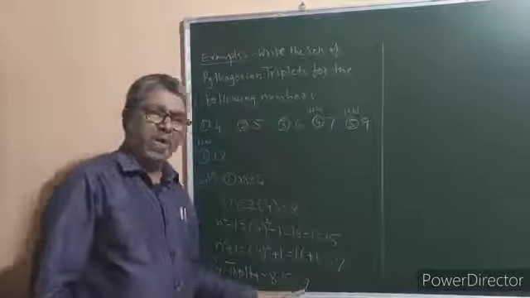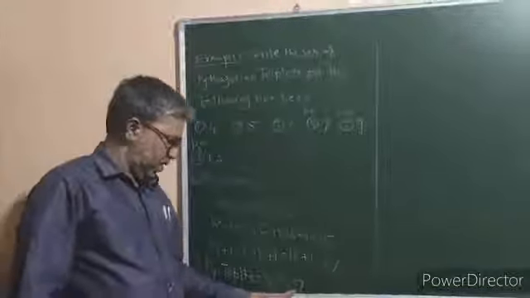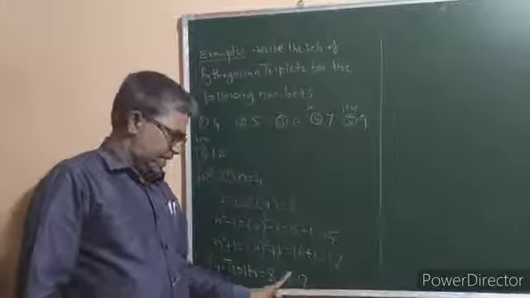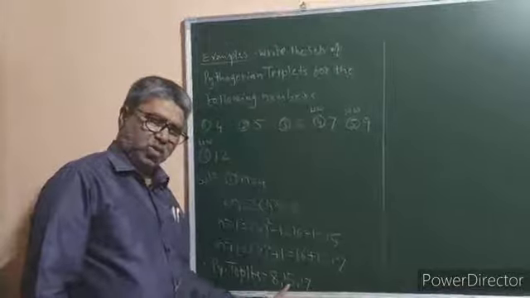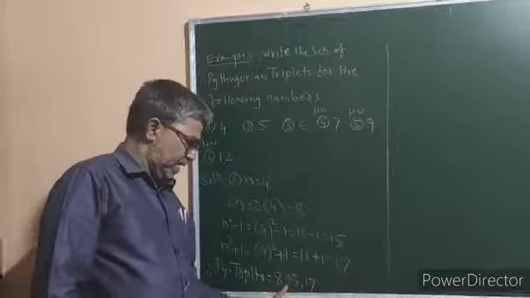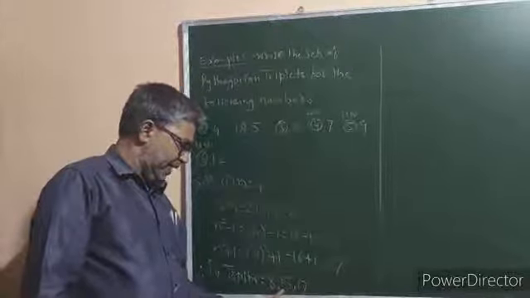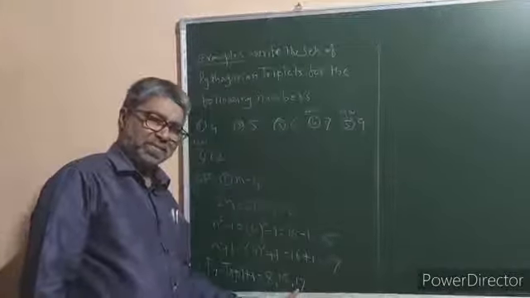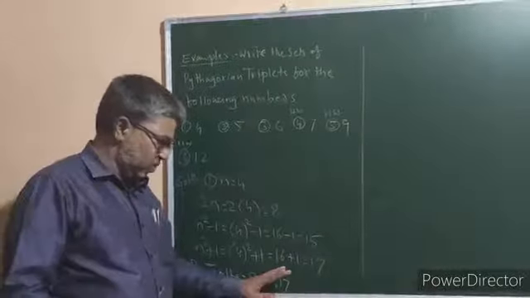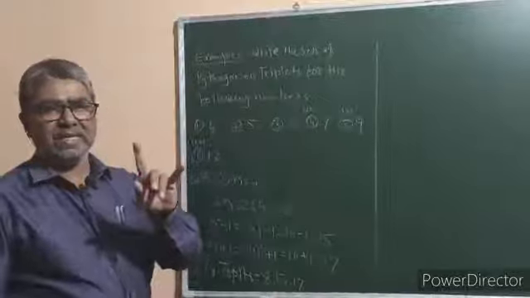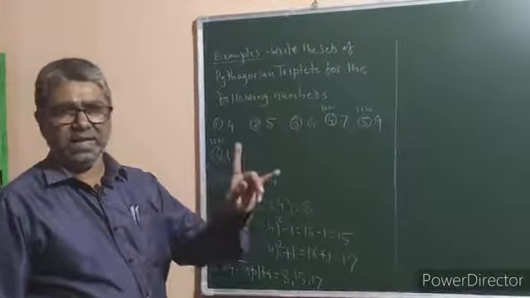If you want to verify, you can verify your answers by taking 17 square, 8 square and 15 square, and you add 8 square and 15 square, and you will definitely get the value of 17 square. So this shows 8, 15 and 17 is one set of Pythagorean triplet.